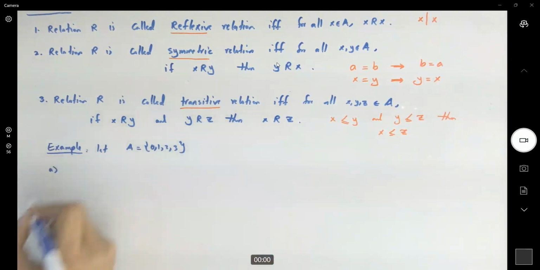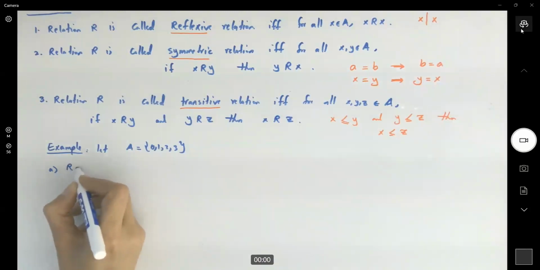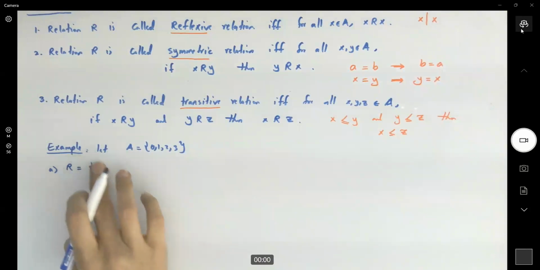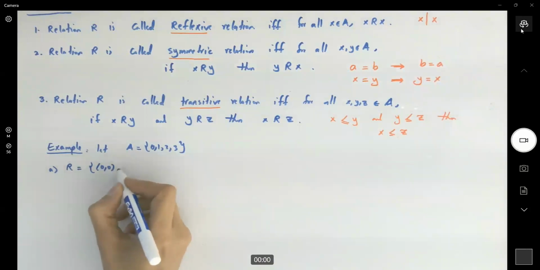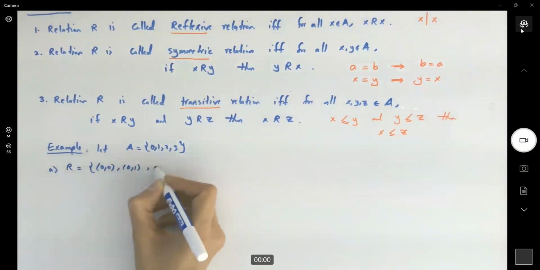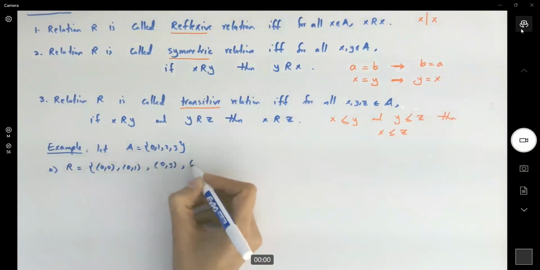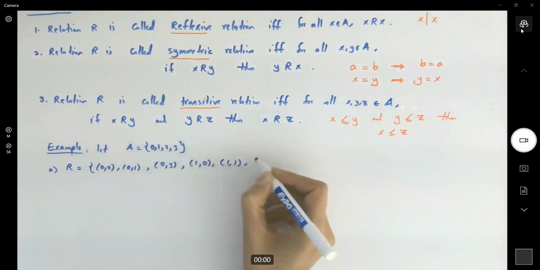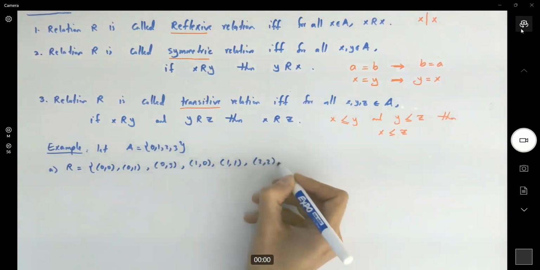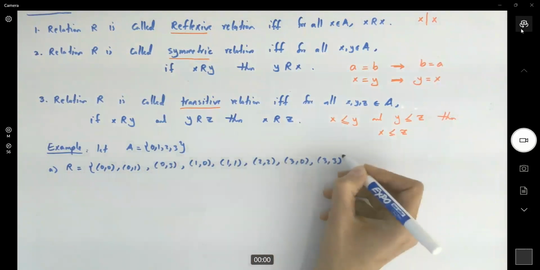The very first relation is R, which is defined as, well, you have (0,0), (0,1), (0,3), (1,0), (1,1), (2,2), (3,0), and (3,3).